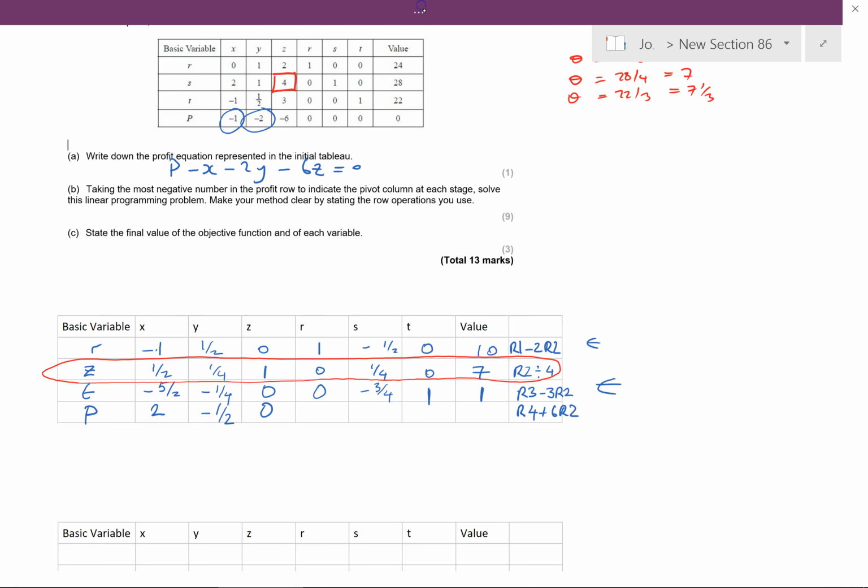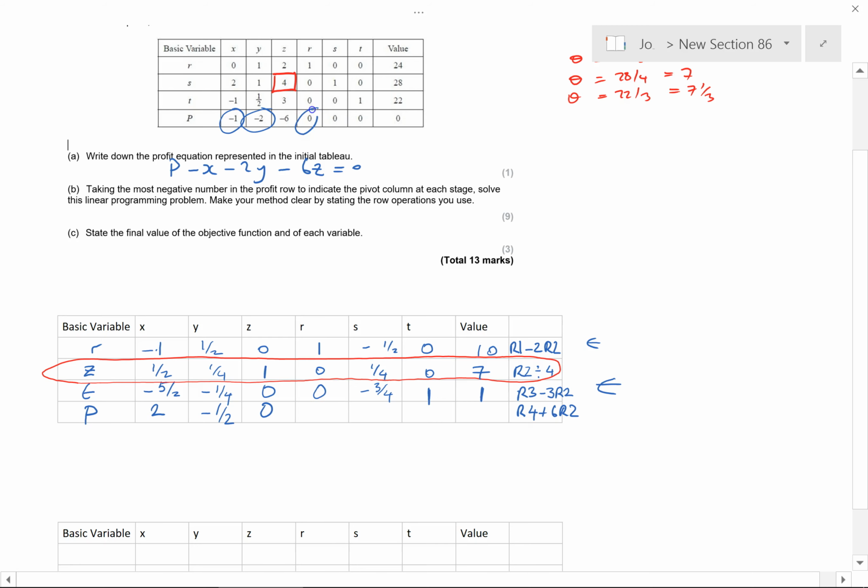Let's get on with this now. This number here is equal to the old 0, the old number from there, plus 6 times 0, which is 0. Then this number there is equal to, again it was 0, plus 6 times a quarter. So 6 times a quarter is equal to 1.5 or 3 over 2, because the old number was 0.